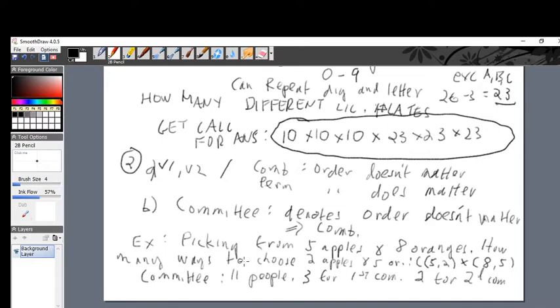It would look like C(11,3) for the first committee, times C(8,2) for the second, because 3 people are gone, so there used to be 11 and now there are only 8. Go use a calculator and that will get you an answer.